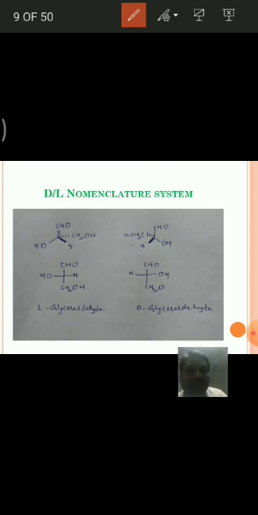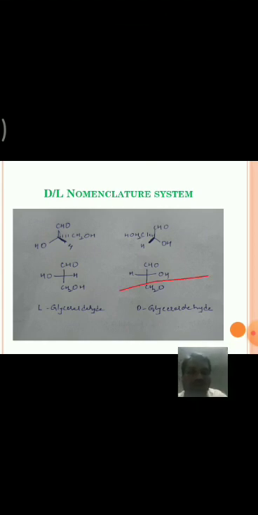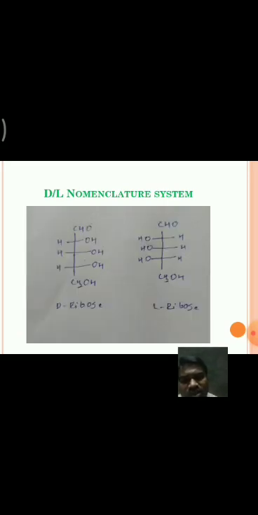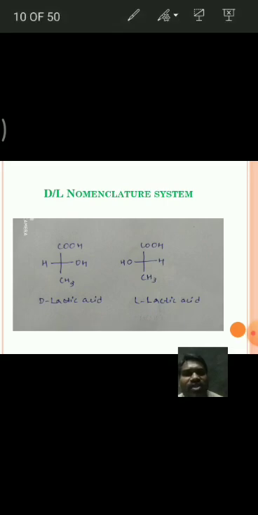Then next, coming to one more example, that is D-lactic acid and L-lactic acid. See, these are the two isomers of lactic acid. Here in the first structure, the OH is on the right side.